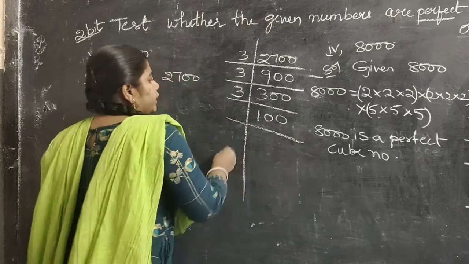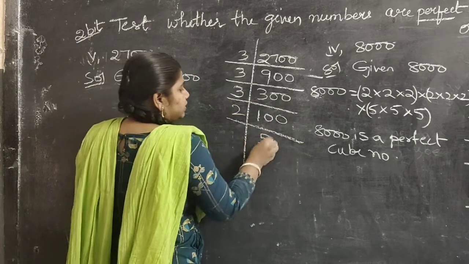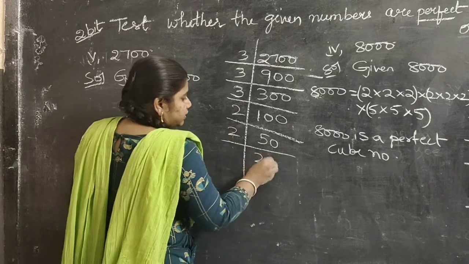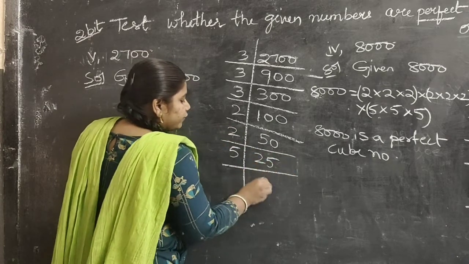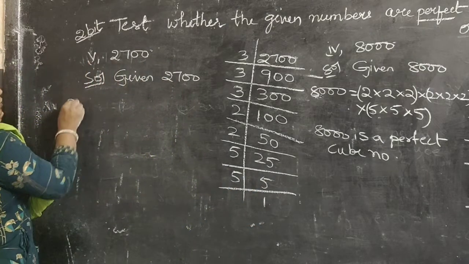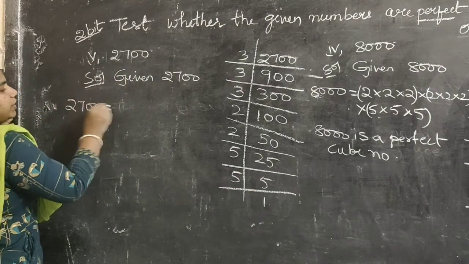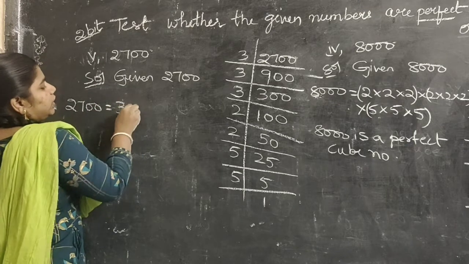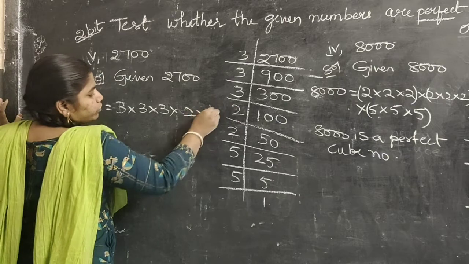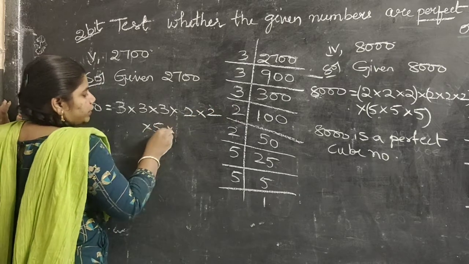It will go in 2 table. 2 50s, 2 25s, 5 5s, 5 ones. So 2700 can be written in the form of 3 into 3 into 3 into 2 into 2 into 5 into 5.